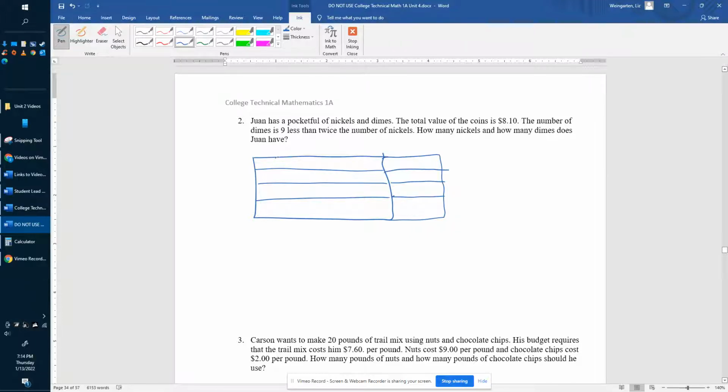So our first column is just our labels. Then we're going to have usually about that many. So this is the coin: nickel, dime, total.